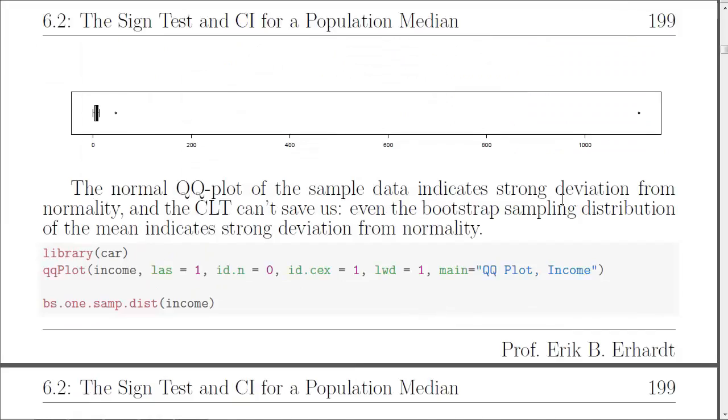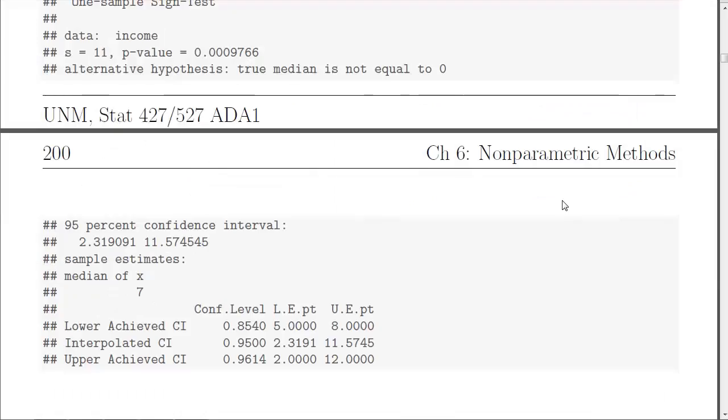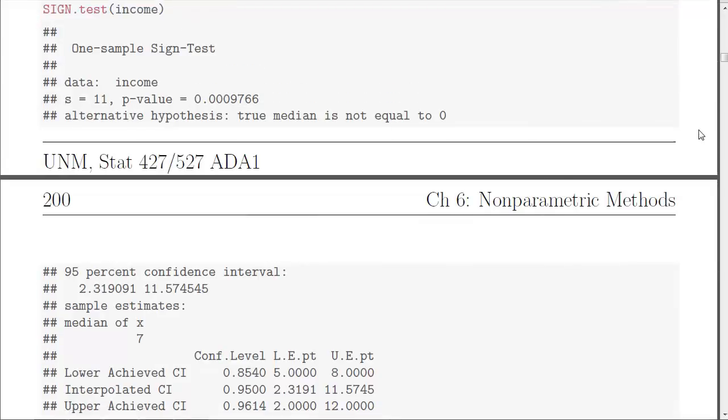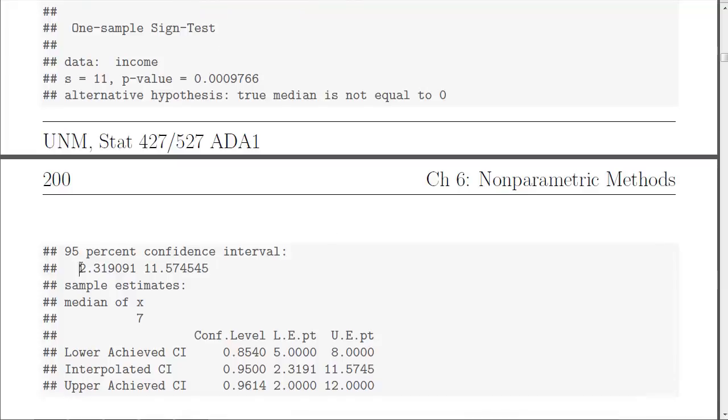So if I page back down for a moment, the output of the sign test gives us the confidence interval, and then it also gives 3 confidence intervals here at the bottom. And you can see that the second one, the interpolated confidence interval from 2.3 to 11.6, that's given here.